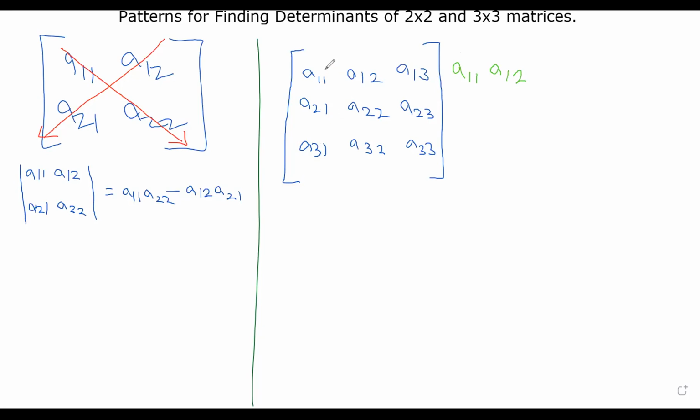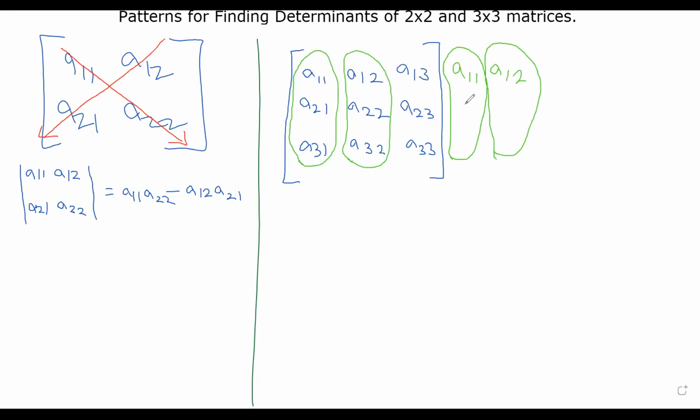What I'm doing is repeating the first two columns of this matrix. This is the first column, and I'm going to rewrite it here. And I'm also going to rewrite the second column here. I'm not actually multiplying or changing anything, just writing it down as a visual aid. If you're dealing with actual numbers instead of variables, you would just put those numbers here.